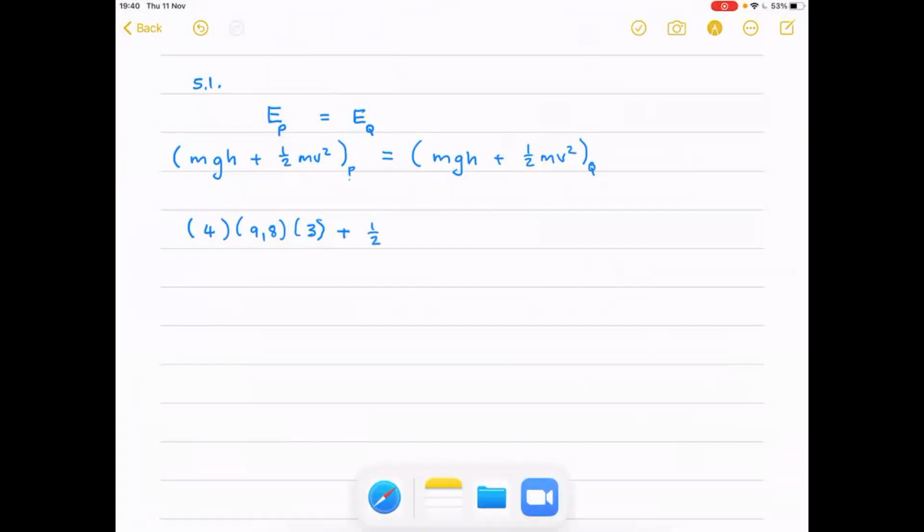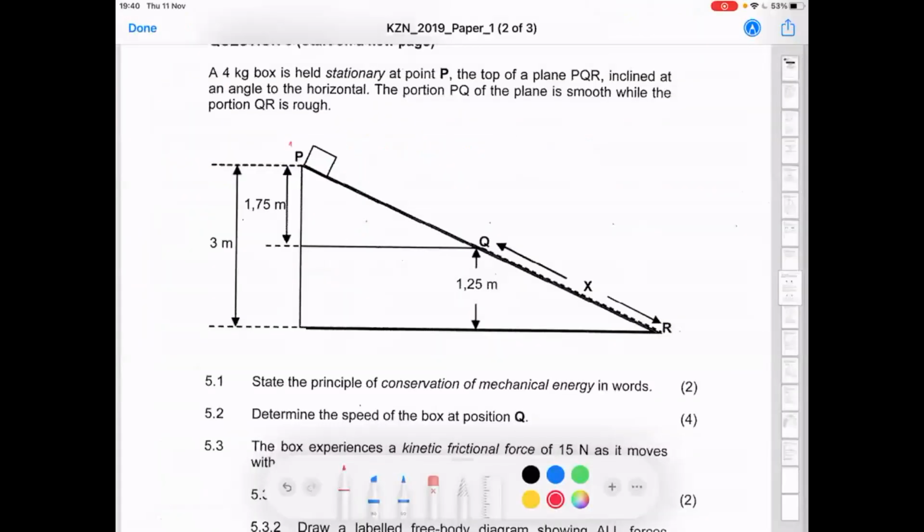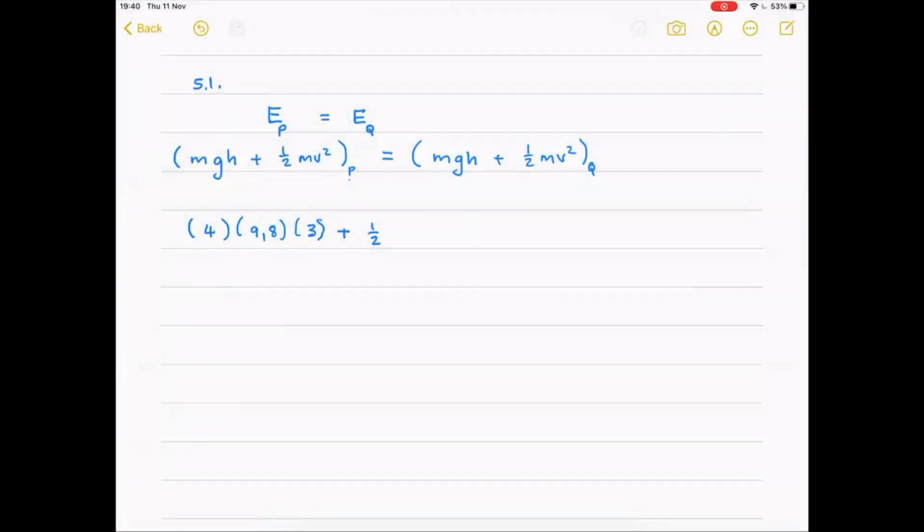Now, what is the kinetic energy here at point P if it's held stationary? Okay, so v is 0, so the kinetic energy is 0. So it's plus a half of 0 squared. Okay, so that's all on this side. And then that must equal mgh at Q.